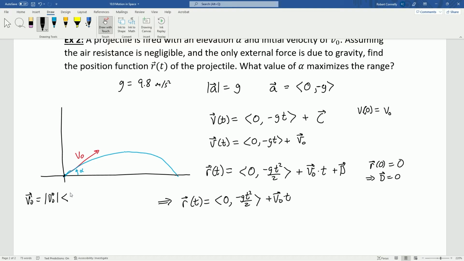And the direction of alpha vector is given by cosine of alpha, sine of alpha. So v0 can be expressed as the magnitude of v0 times cosine of alpha, and then the y-coordinate is the magnitude of v0 times sine of alpha.